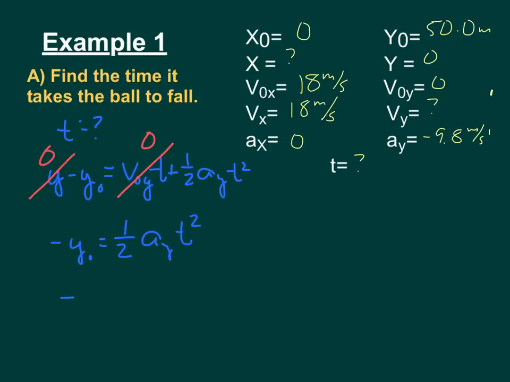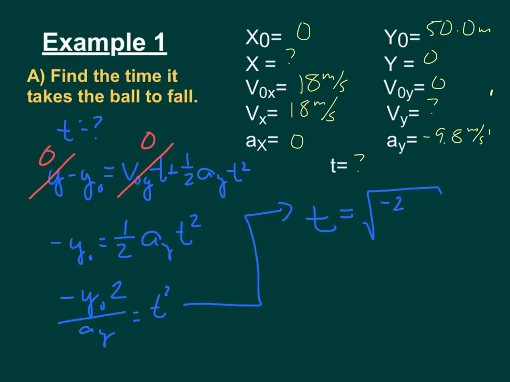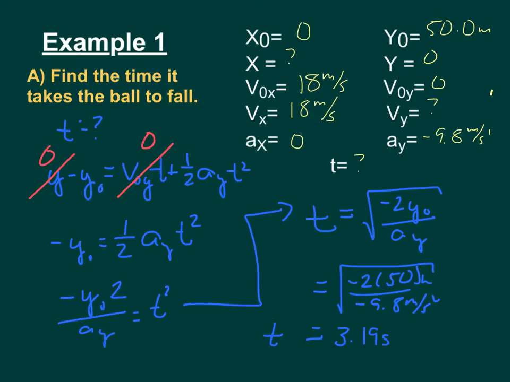If we solve this, we get negative y naught times 2 over a_y equals t squared, which then goes to t equals square root of negative 2 y naught over a_y, equals square root of negative 2 times 50 over negative 9.8 meters per second squared, that is meters, and you get t is equal to 3.19 seconds. So we can solve that for t.